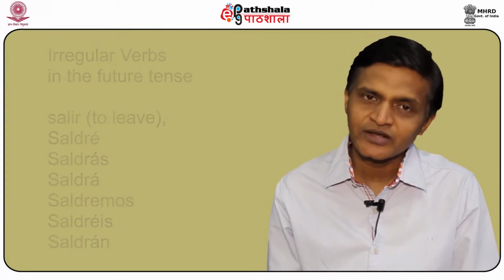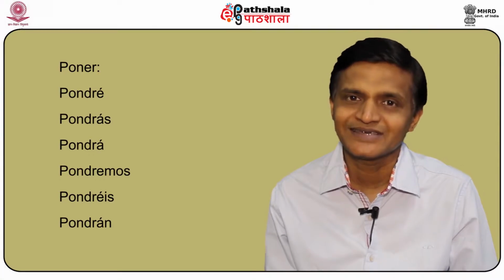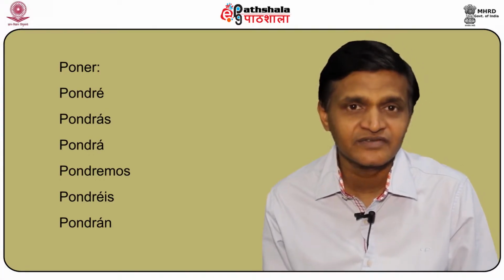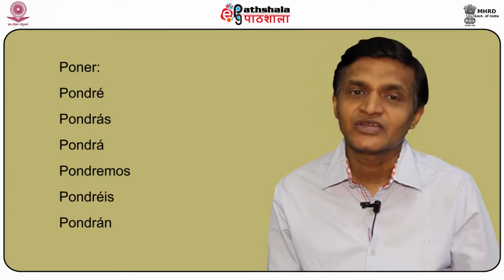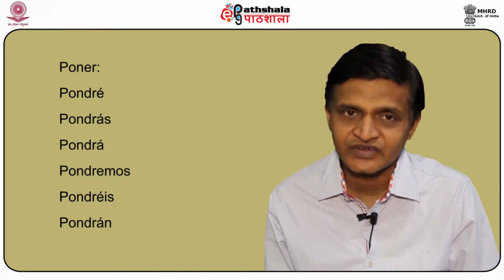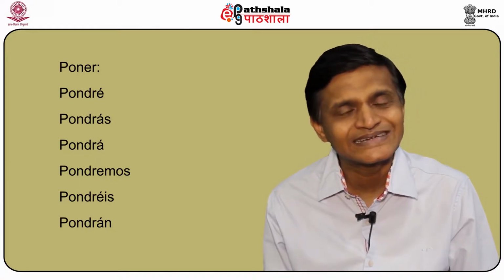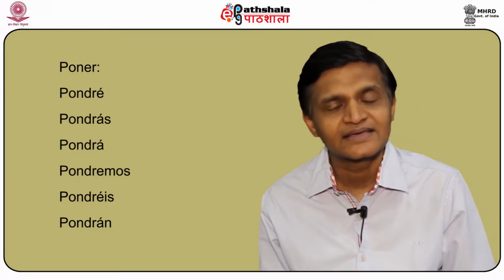Another verb like poner also forms a very set pattern. We only drop the E or the I of the infinitive and add the consonant D. So, instead of poner, it will become pondré.